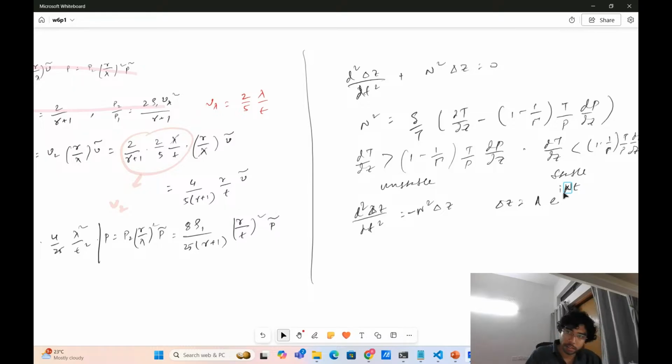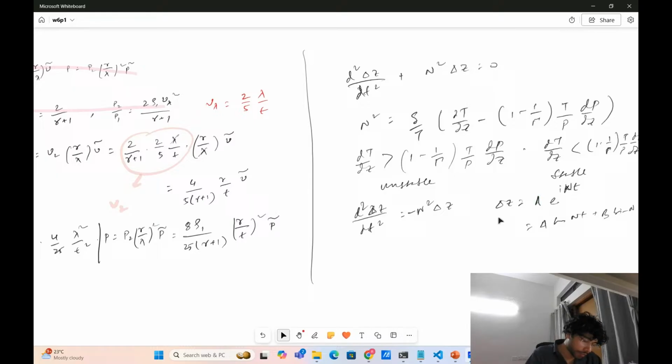You can write this as a cos of Nt plus b sine of Nt. So this happens when the system is stable.